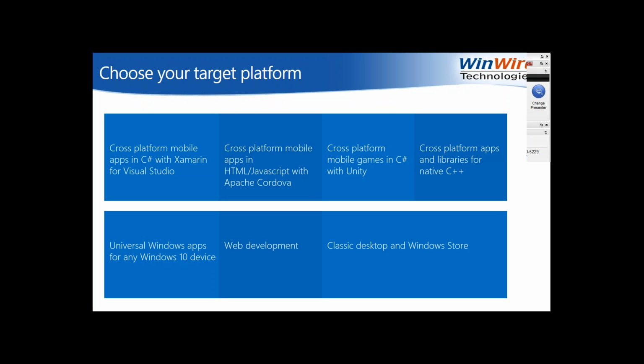If you have attended any of our previous sessions on IoT, we have talked about Azure IoT Suite, and we have talked about Windows 10 IoT Core, and how you can build applications for that using Raspberry Pi or any other model. So you can build those apps. Universal Windows apps are the ones that run on any version of Windows 10. It could be a device like a Raspberry Pi, or it could be a full-fledged Windows 10 desktop.